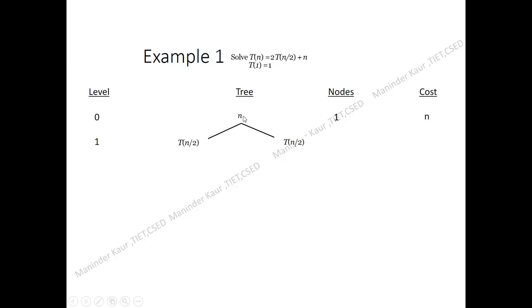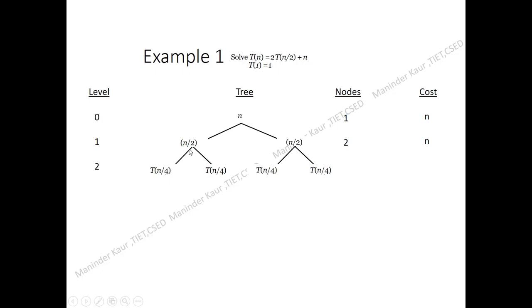The number of nodes in the tree at this level is 1. Only one node is there. And what is the cost at this level? That is the value of the node, which is n. Now going to the next level, level 1, we further expand T(n/2) in the form of its cost value as well as its further divisions.